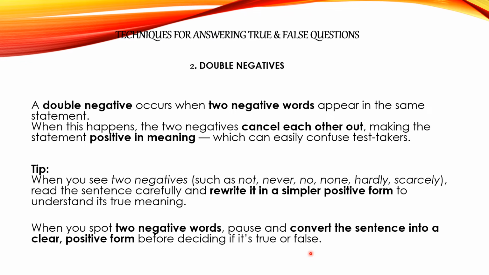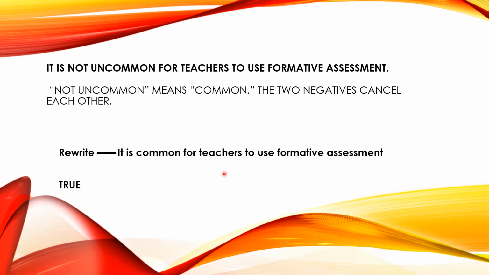So let's move ahead and see how we can rewrite this statement. All right, let's check this example. It says that it is not uncommon for teachers to use formative assessment. So here we have two negative words.